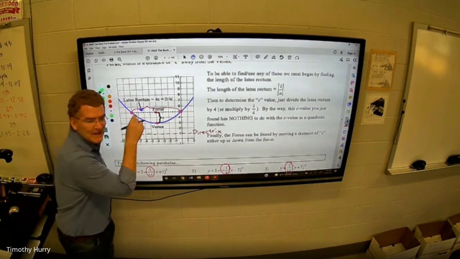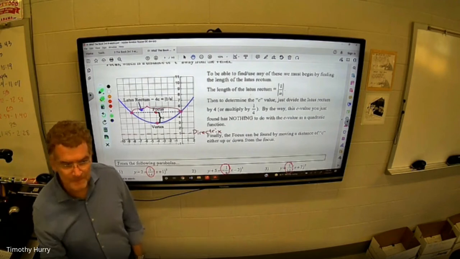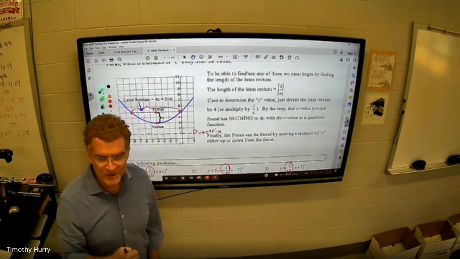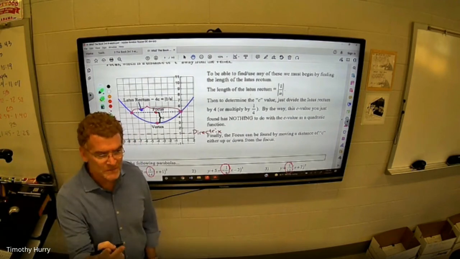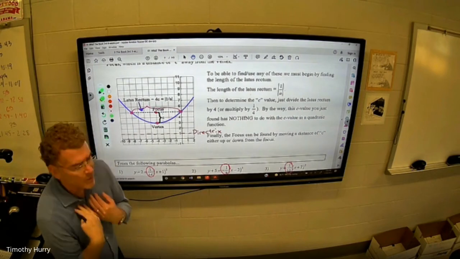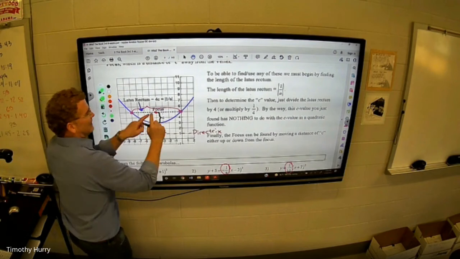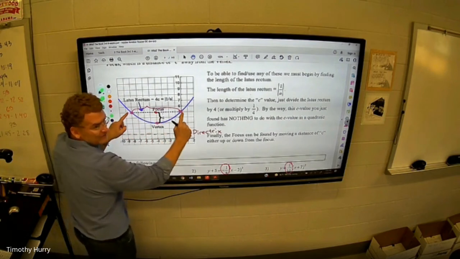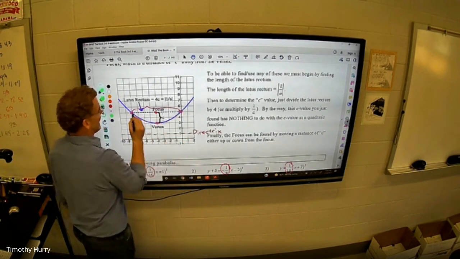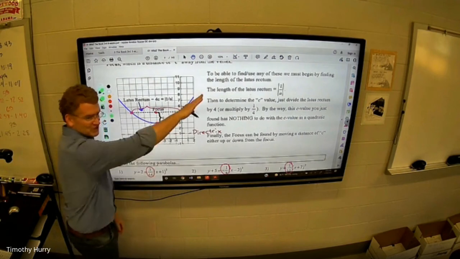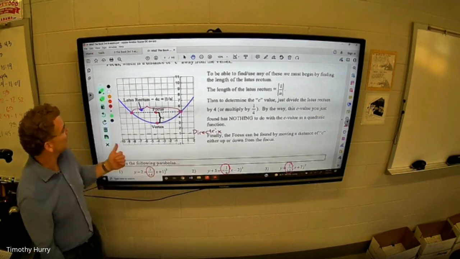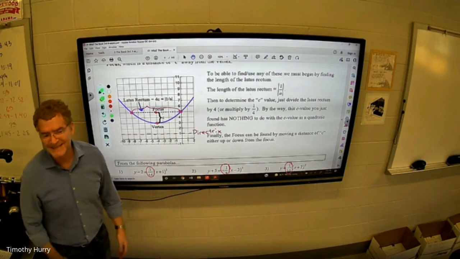If I can find the lattice rectum and take 1/4 of it, I get my C value. So now I know C is 2. So all I have to do to get those 2 points is to right there at the vertex, go up 2, over a total of 8 for each way, and I've got 2 extra points, and I can sketch my graph. And with that, I don't even need to know about the directions, because I'm kind of skipping by.